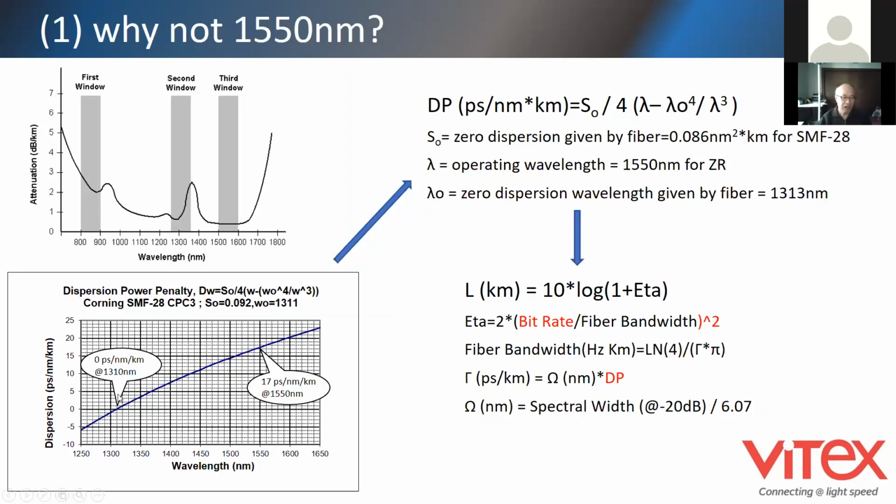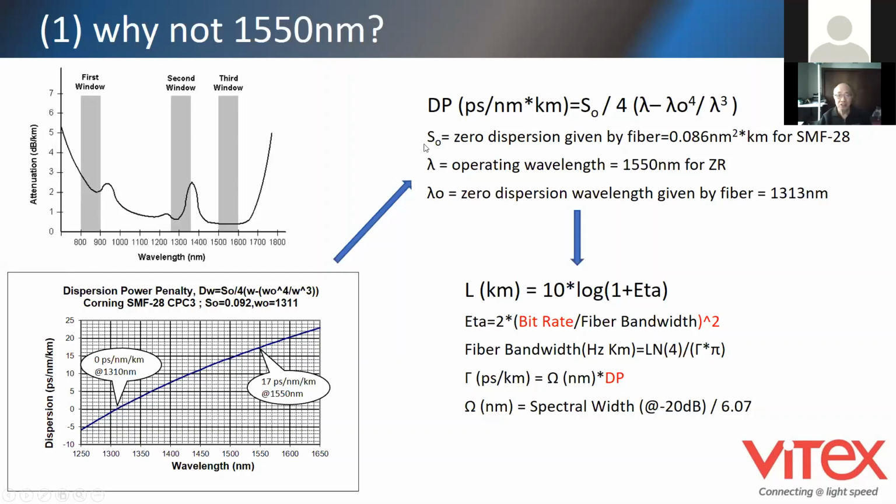But for the argument, let's say it is 0 dB here, 0 picoseconds here. But as you move to 1550, it becomes roughly around 17 picoseconds per nanometer per kilometer, right? With all the characteristics I spell out here, this is a standard single mode fiber.